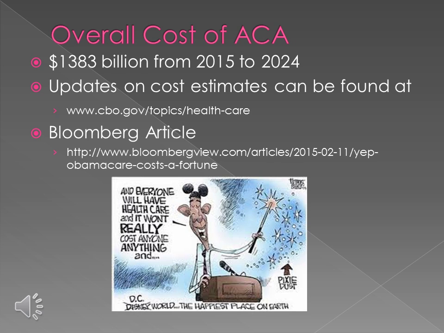And there's also the cost to the individuals that now are using the exchanges to purchase health care coverage. There are subsidies and tax credits for those that don't qualify for Medicaid but are still in that 100% to 400% of the federal poverty level.